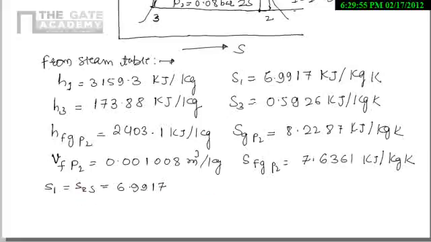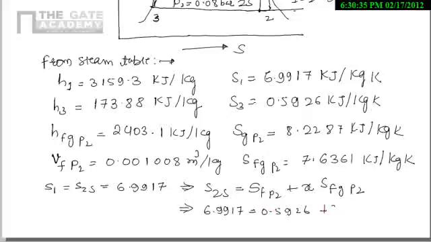So we can write s2s equals sf at P2 plus x at 2s times sfg at P2. Now for s2s we have the same s1, that is 6.9917, equals sf at P2, which we already have, 0.5926, plus x times sfg at P2, which is 7.6361.